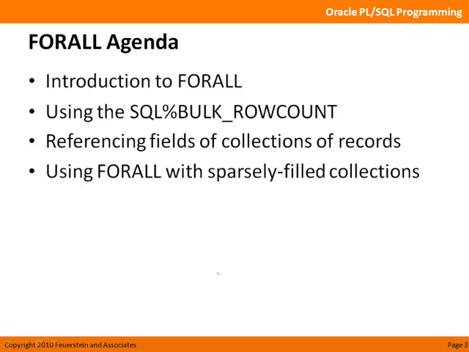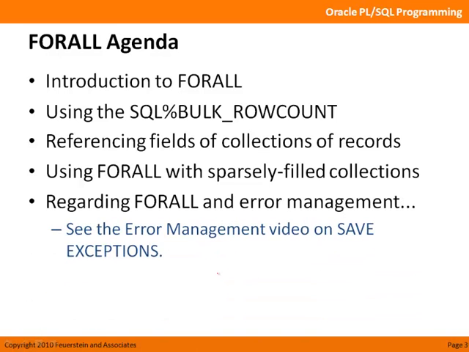And we'll take a look at how to use FORALL with sparsely filled collections, one of the more advanced features of FORALL. Finally, regarding FORALL and error management, there is a special clause for FORALL called SAVE EXCEPTIONS, and this is covered in detail in the error management video series. So we're not going to cover it in this series, but rather in the error management series, so make sure you watch that video.